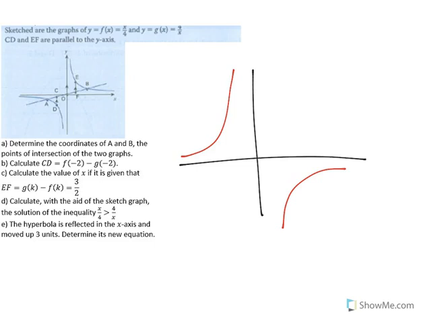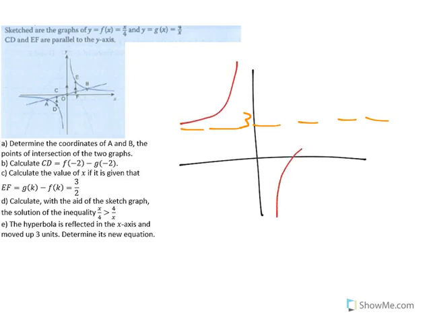And then it gets moved up by 3 units. So the asymptote is no longer going to be over here. It's going to move up by 3 units. So let's temporarily displace those guys. So the new horizontal asymptote is going to be there, and then your hyperbola is going to be looking like that.